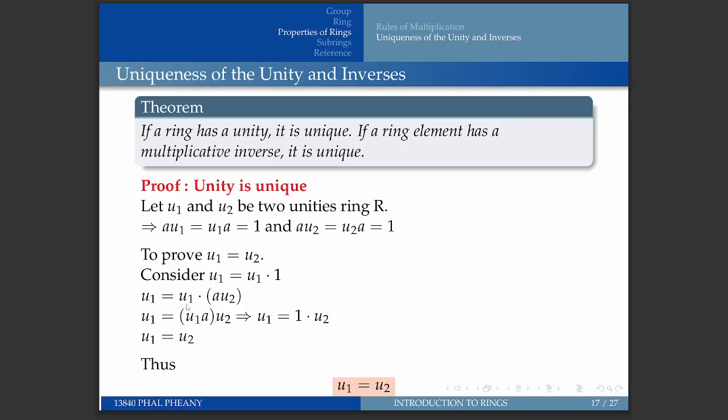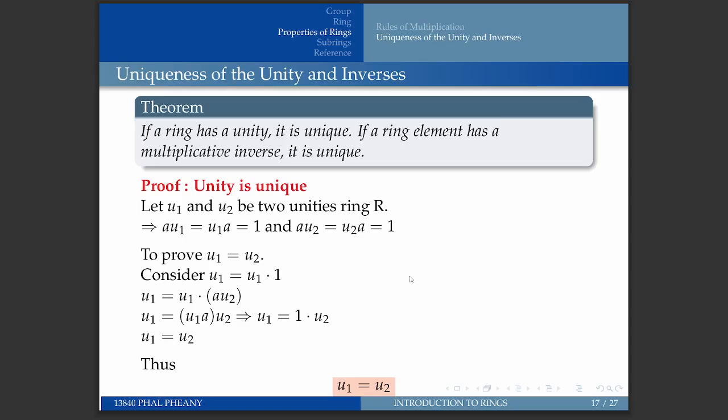Now we use the associative law under multiplication. So we get (U1 times A) times U2. And U1 times A is what? It is equal to 1. So we get U1 equal to 1 times U2. And 1 times U2 is U2, it remains the same since 1 is the multiplicative identity. So we get U1 equal to U2, meaning unity is unique.